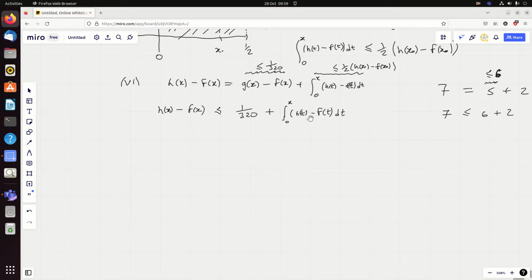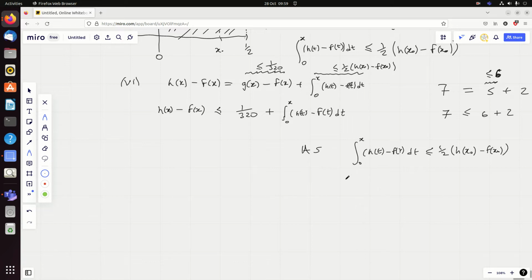Okay, so now what have we got? Well, let's take this over here. We know as the integral from x0 of h of t minus f of t dt is less than or equal to a half h of x0 minus f of x0.